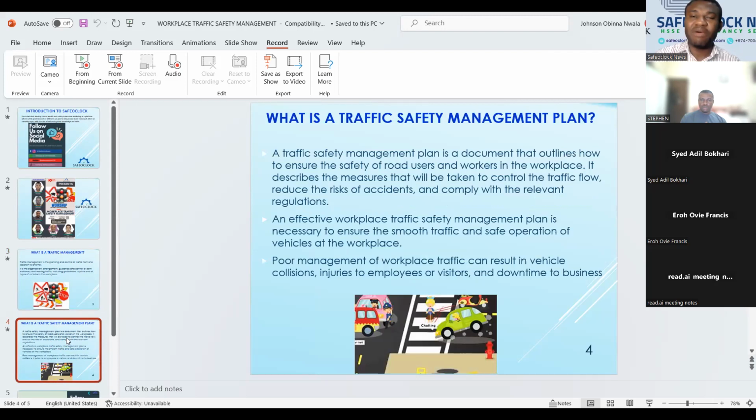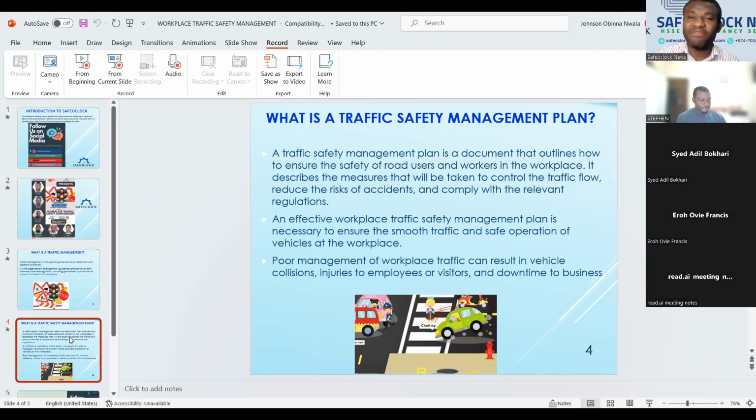So there is what is referred to as a traffic management plan. A traffic management plan is that document where you outline all the measures, all the procedures, all the sequences through which you are going to put in place to control traffic flow, to reduce accidents and ensure that you comply with relevant regulations in your workplace.